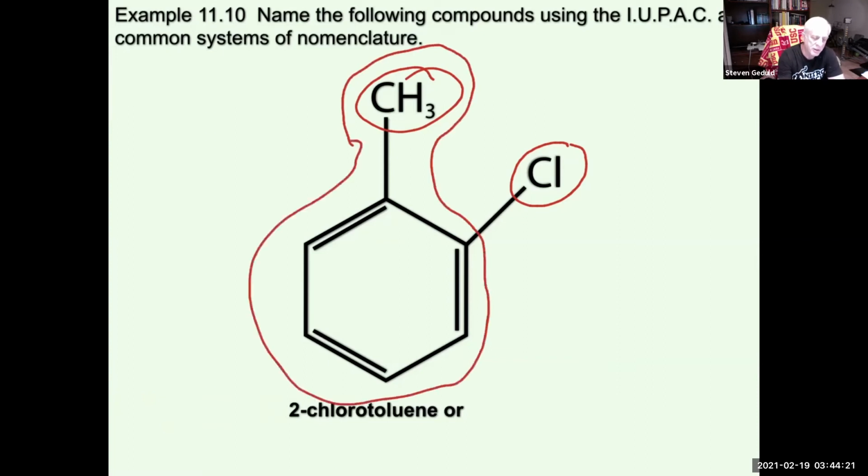So this becomes your number 1. Then number 2 is chlorine. So 2-chlorotoluene. Or you could put it as ortho-chlorotoluene because it's the 1-2 relationship. Remember, ortho is your 1-2 relationship. So 2-chlorotoluene or ortho-chlorotoluene.